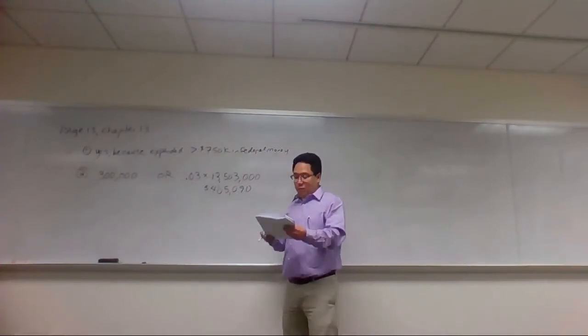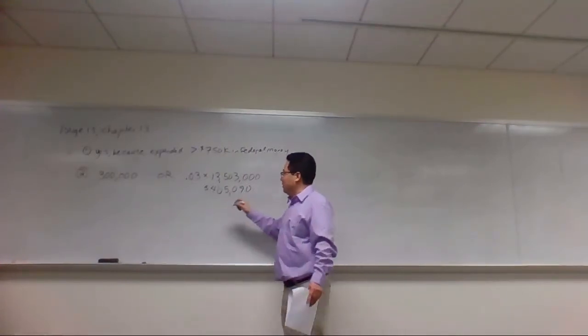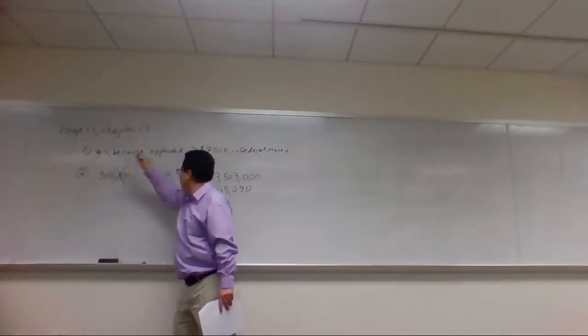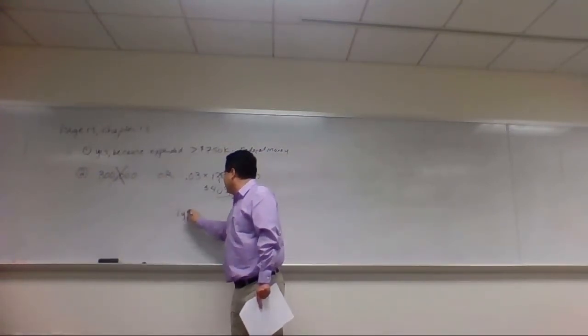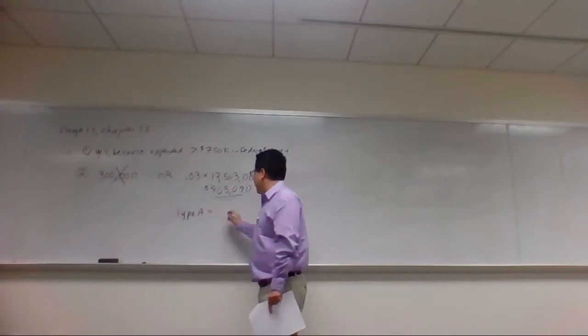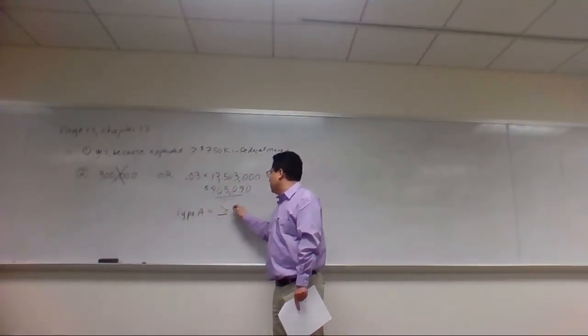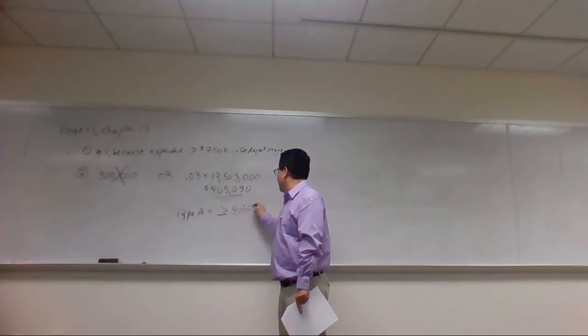Okay, all right. So take the bigger. This is bigger, so we're not going to use this number. So that means type A is anything that is greater than or equal to 405,090. Okay, that's type A, right?